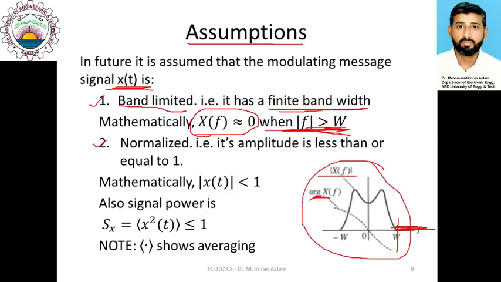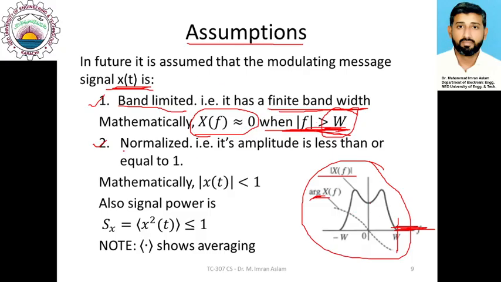So this type of signal is called band limited, because it exists in a specific band. Whatever message signal we will be discussing in our subsequent lectures, we will be assuming that they are band limited. That means they have a finite bandwidth, which is represented by W as here.